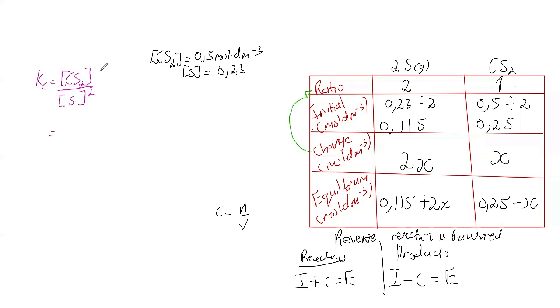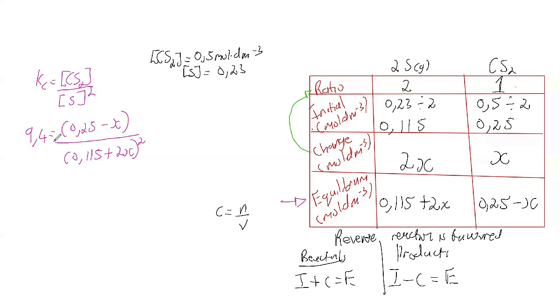And then now, the concentrations that we are going to substitute are always these ones, the concentration at equilibrium. So we have our 0.25 minus X, and then over 0.115 plus 2X. Then remember, square. Now our Kc value still remains the 9.4 that was given in the question there.